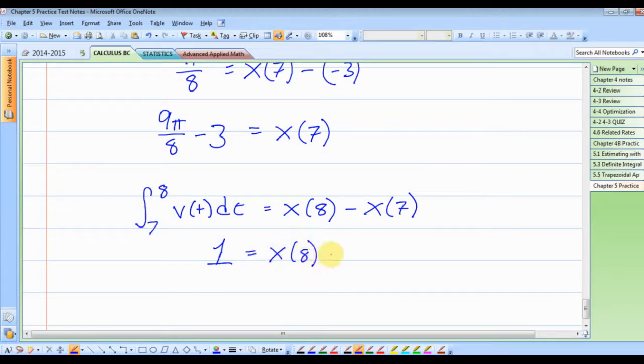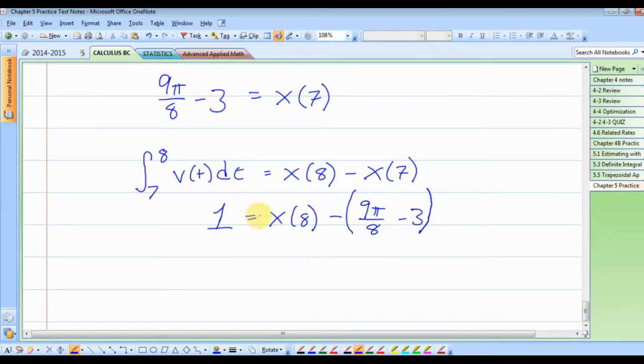Do I know what X7 is? Yes. 9 pi over 8 minus 3. That is so ugly looking. You could put the decimal, but I prefer not to. Okay, so we're going to add this to both sides, right?